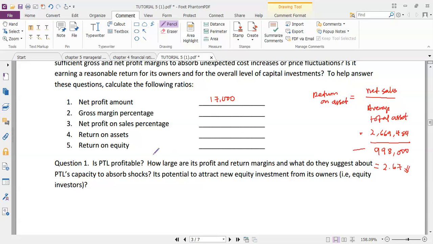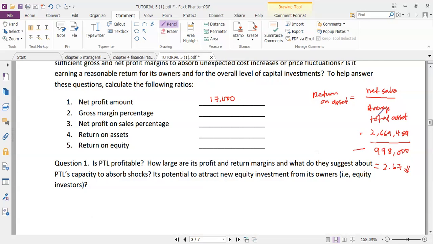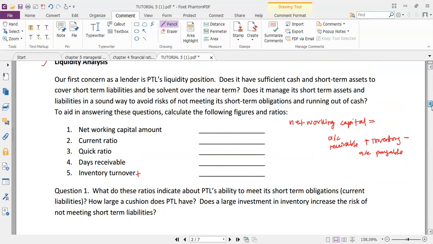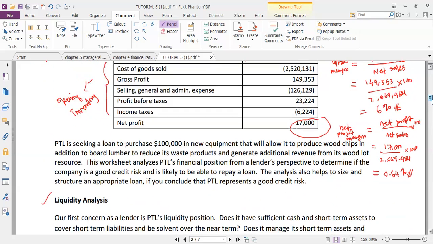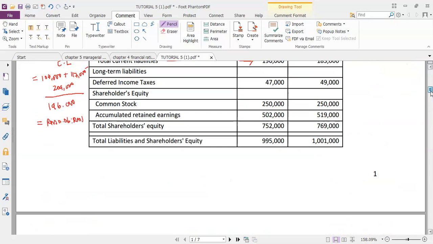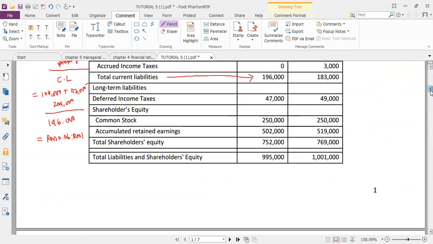Okay, so let's look. Last one is return on equity. So net income, net sales divided with the average shareholders equity. Okay, net sales is the same thing. Okay, and then so kita nak tengok average shareholders equity. Let's look at the total shareholders equity.